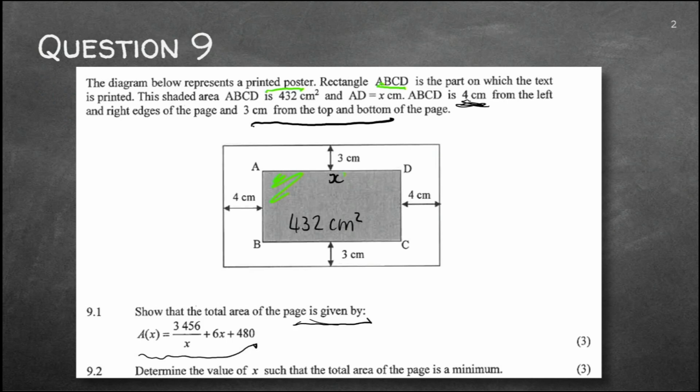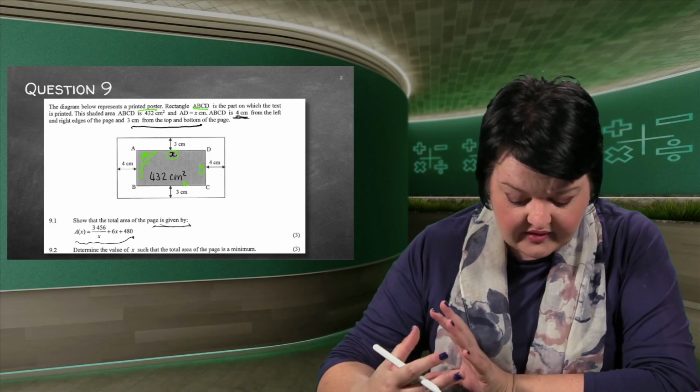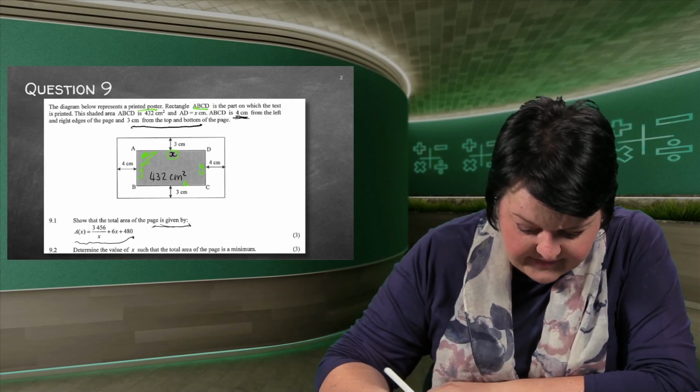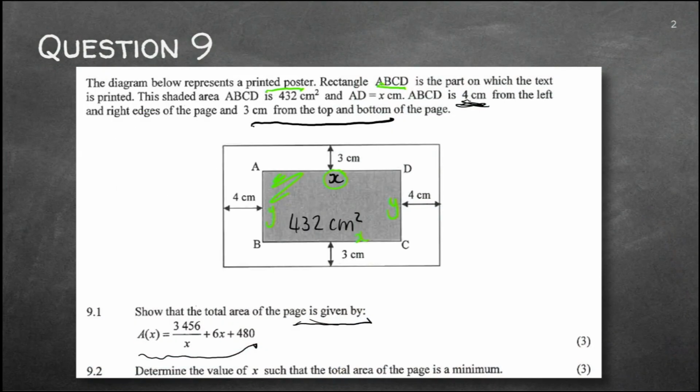So if this is X, just to make my life easier, I will make this side CD of the rectangle Y. So this is Y and this is X. If I compare it with the larger piece of paper, look carefully to get this full length from here to here, I would simply have to say that this piece is Y and the top piece is 3 centimeters and 3 centimeters.